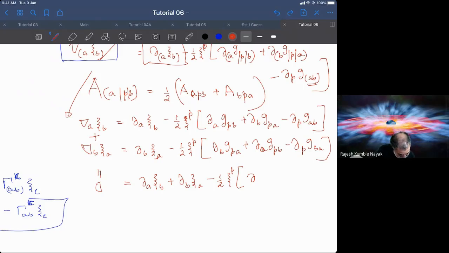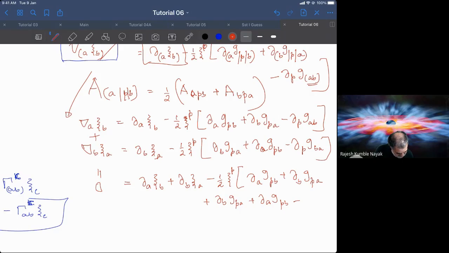Let's leave it if you have a confusion about it. You can keep them, and this is a symmetric term too. So that is exactly what we have now. We have G_A G_PB plus G_B G_PA plus G_B G_PA plus G_A G_PB, and then these two are the same terms.